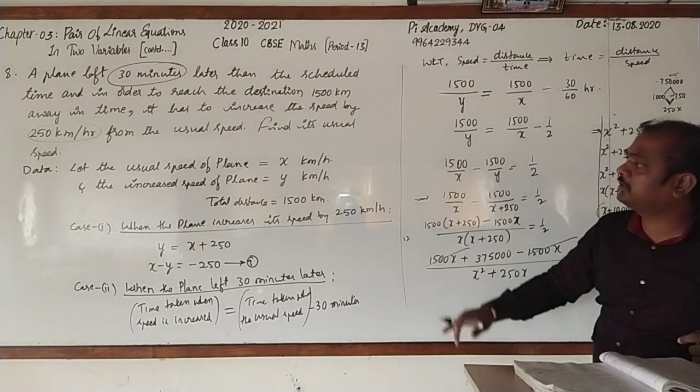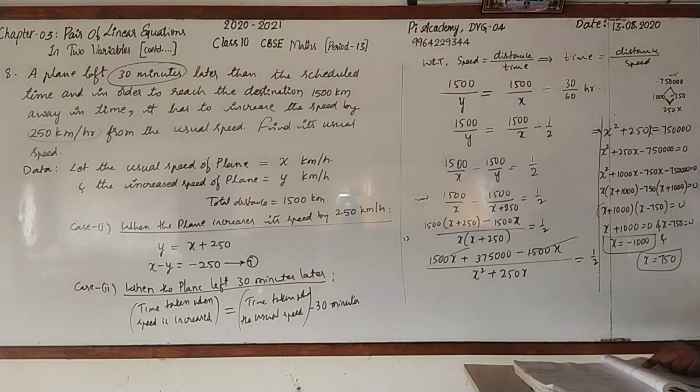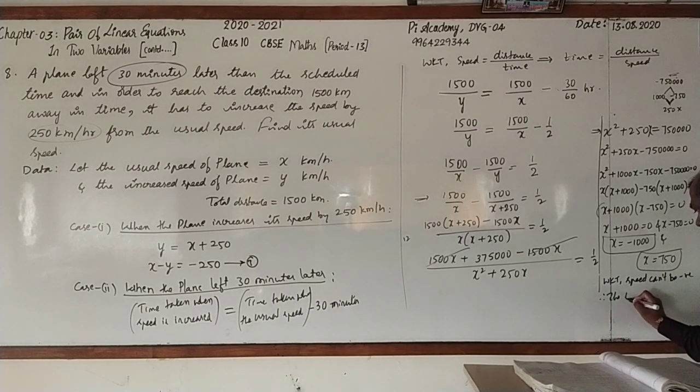What is the usual speed? It is x. The speed may be 750, because speed cannot be negative. Therefore, the usual speed of the plane is 750 kilometers per hour. Got it?